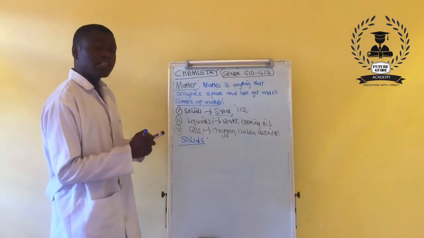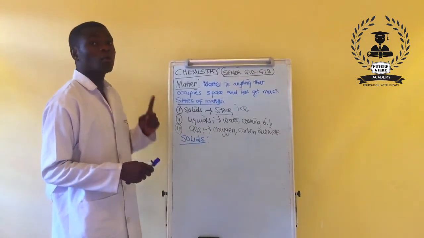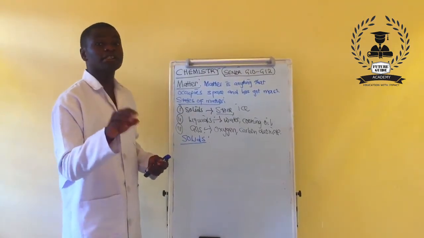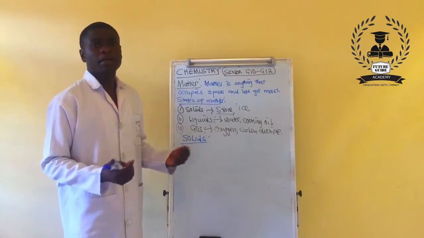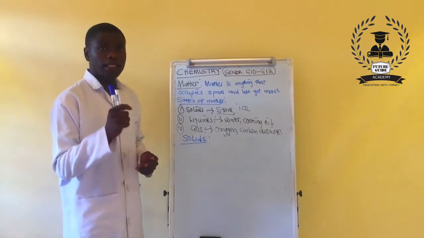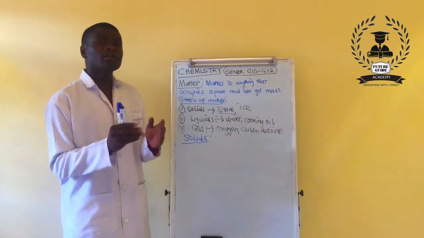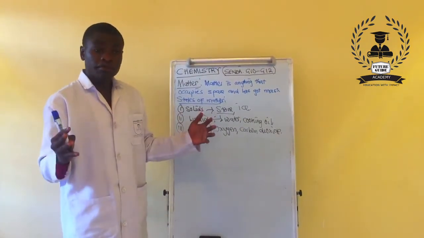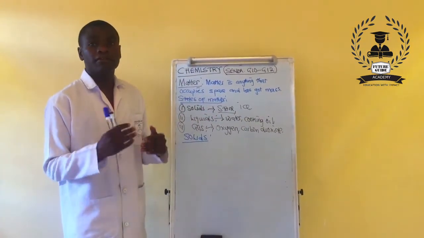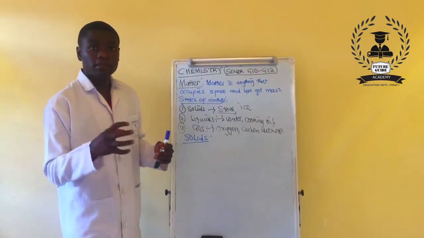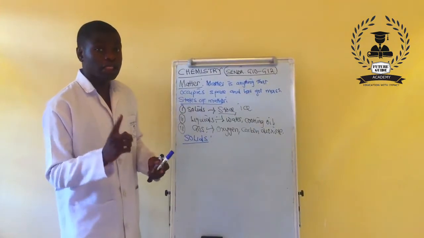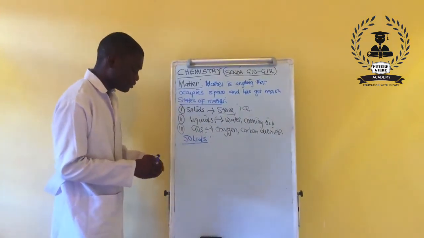Now, what you're supposed to know under solid, one, you're supposed to understand the arrangement of particles in solids. How are the particles arranged? One, in solids, particles are closely packed, that they do not move but only vibrate. So we are saying particles in solids are closely packed, that they do not move but only vibrate. We write that property.